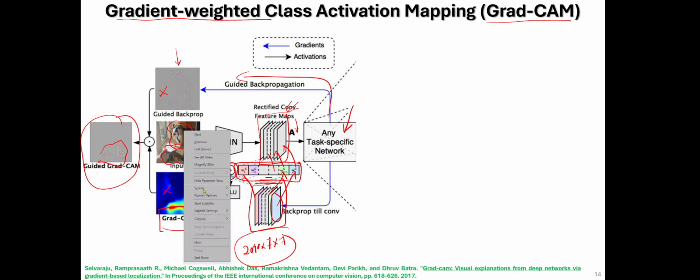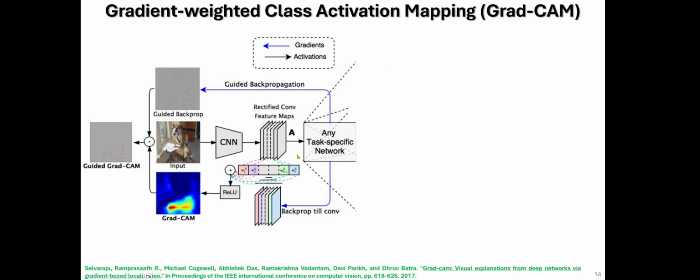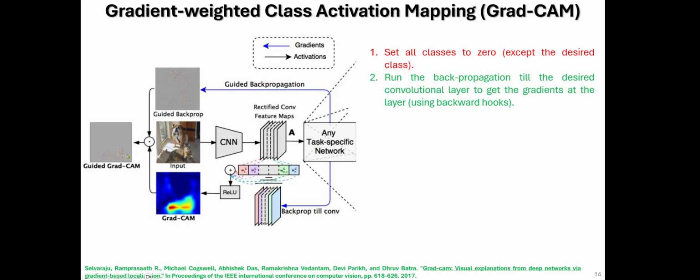Okay, so just to summarize the steps here. You set the desired class to 1, all others to 0, and then you need to do a forward propagation also, which is not mentioned here, to get the activations at the desired convolutional layer, which is most probably the last convolutional layer in the network.